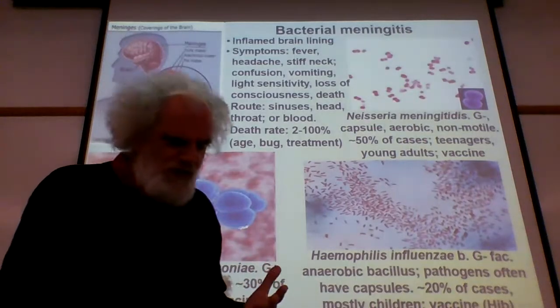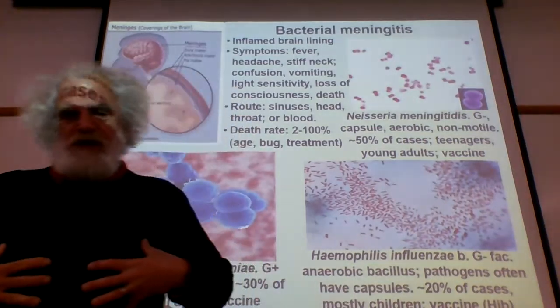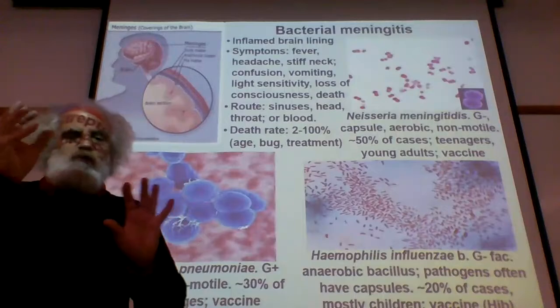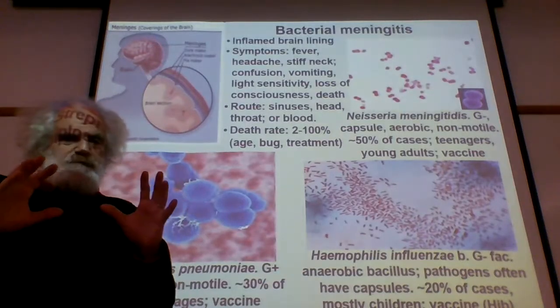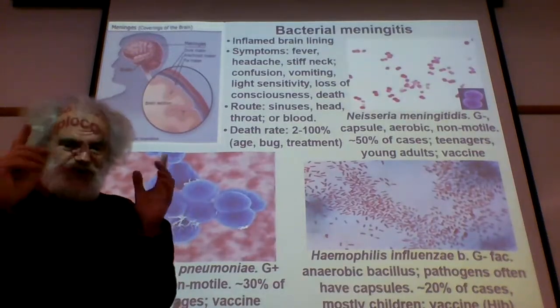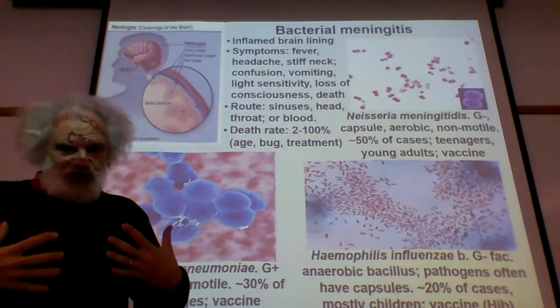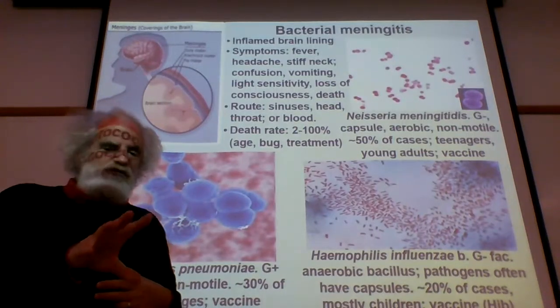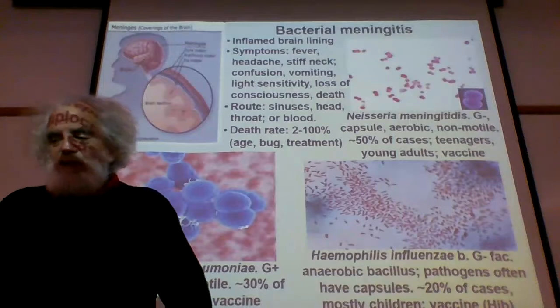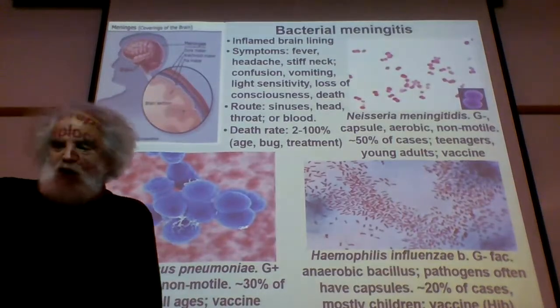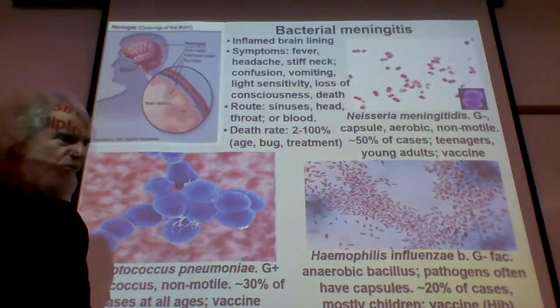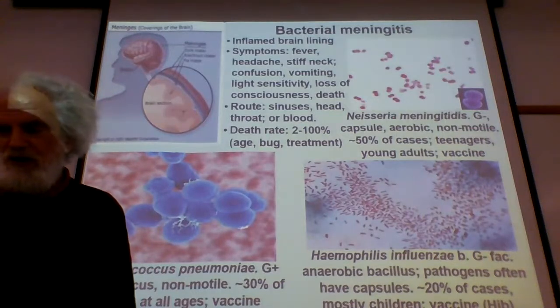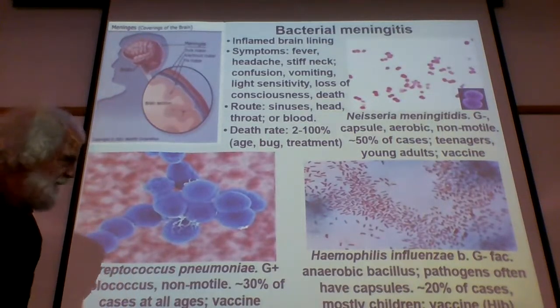And so you end up with fluid accumulating in the lungs. So the term pneumonia is a description of the symptoms and the congestion you have in your lungs. The causative agent can be a variety of things, but strep pneumoniae is one of the primary causes of pneumonia. There's a vaccine for it as well.